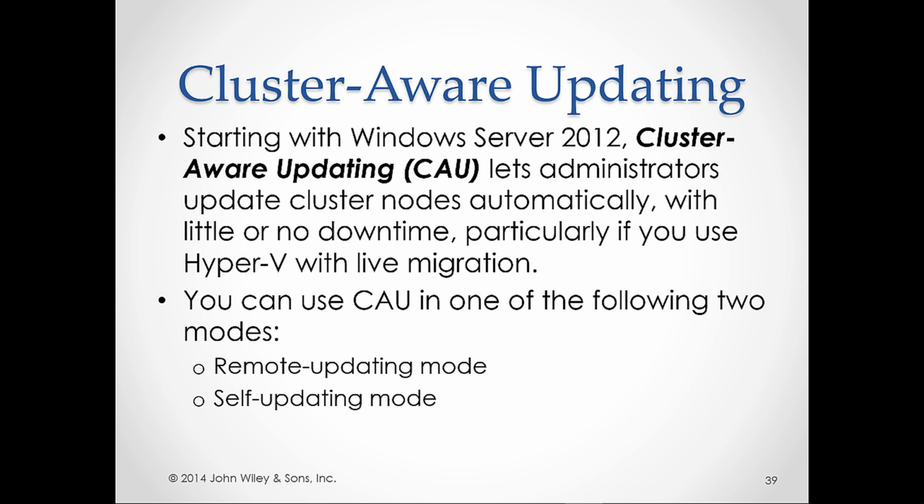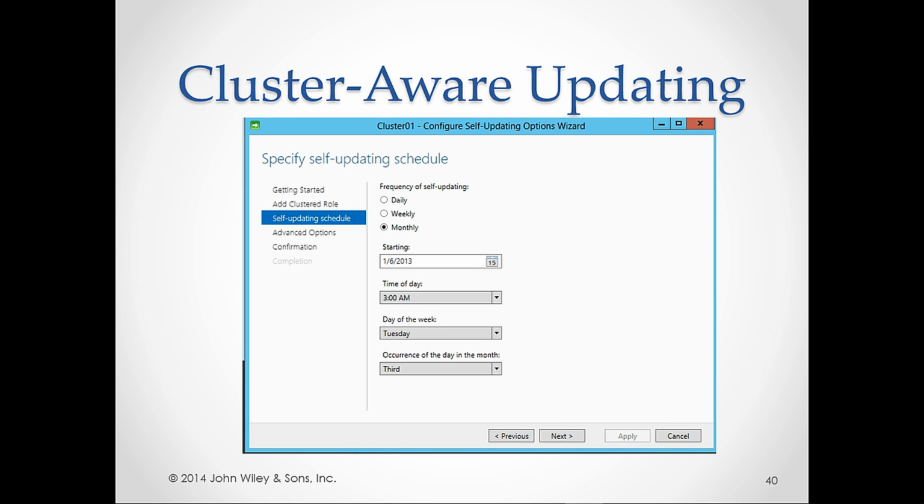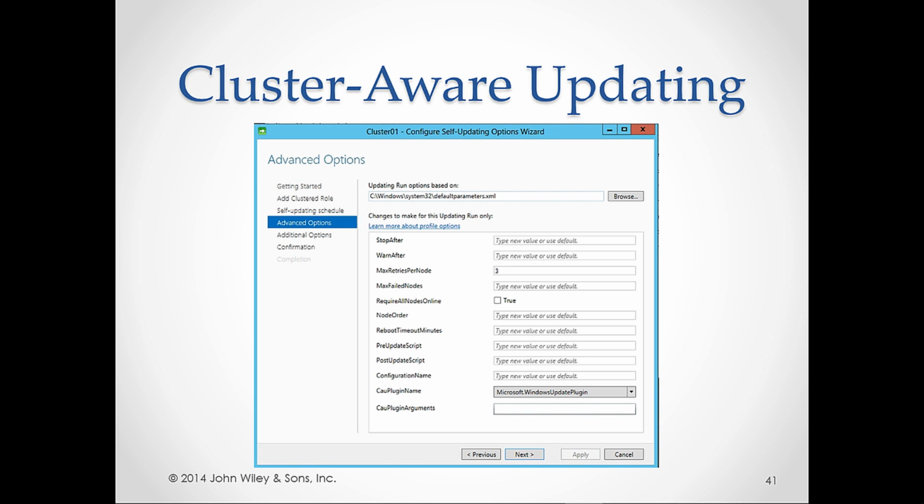You can use CAU if you're doing one of the following: remote updating or self-updating. Here we have our wizard that allows us to set our update schedules. Here are some of the advanced options that you can set.